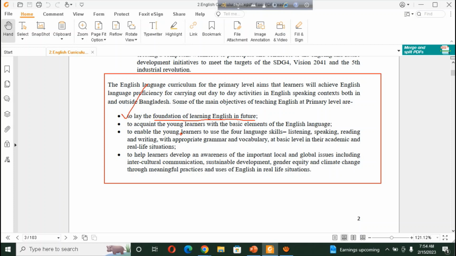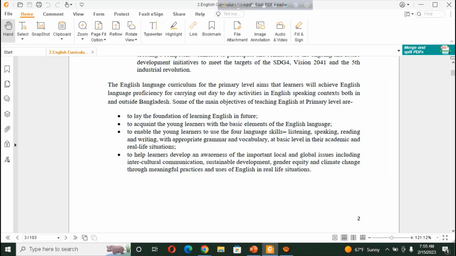This is very important to acquaint the young learners with the basic elements of the English language, that is listening, speaking, reading, writing, also vocabulary and grammar, to enable the young learners to use the four language skills, that is listening, speaking, reading, writing, already we have uttered this, with appropriate grammar and vocabulary at basic level in their academic and real life situations, to help learners to develop an awareness of the important local and global issues, including intercultural communication, sustainable development, gender equity, and climate change through meaningful practice and use of English in real life situations.